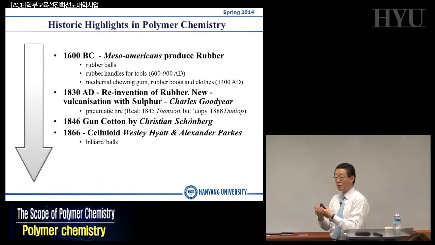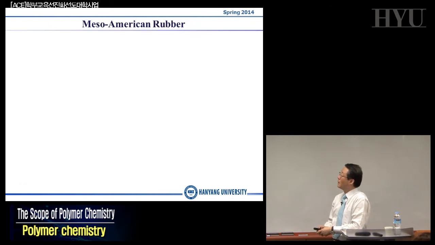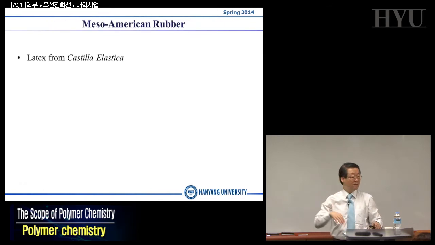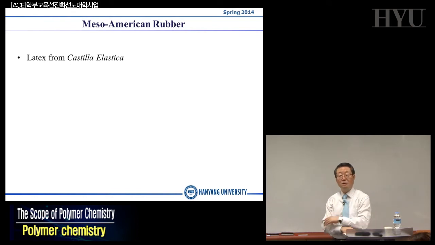A billiard ball is a very strong, hard material, and it was made with celluloid. Right now, I think it is made from other cross-linked polymers, not cellulose, but a long time ago it was made from celluloid. So that's a little bit of history about polymers in the 19th century and before.